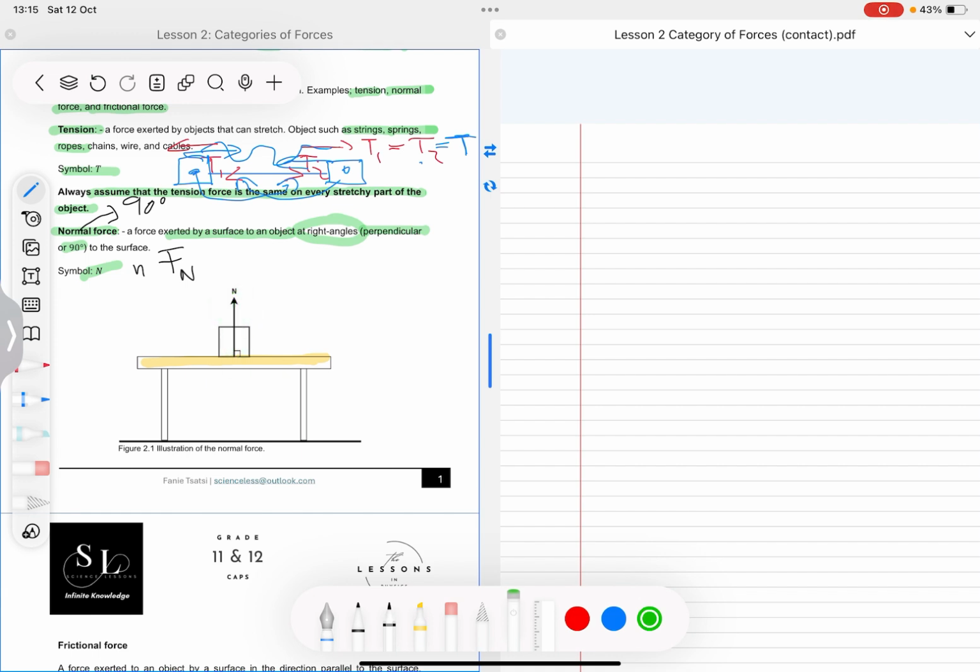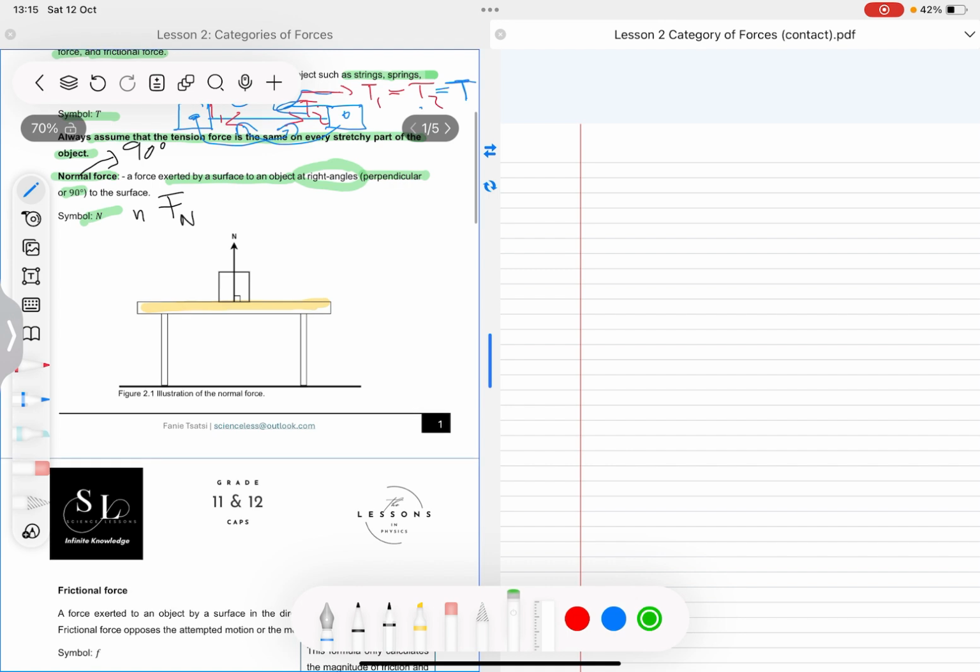The surface of the table pushes that box with a force that goes vertically upwards, called the normal force, because this force is directly vertically upwards, making an angle of 90 degrees with the surface of the table. So normal force usually will exist between surfaces when they push each other, right? As an example in this situation here, that's how you will represent the normal force or spot the normal force. Always it has to make a 90-degree angle.